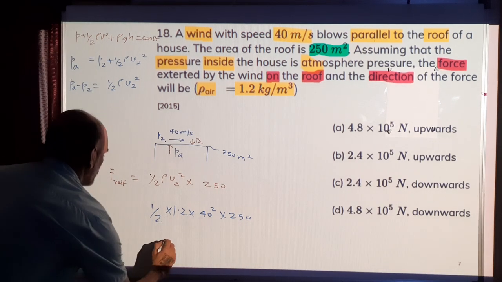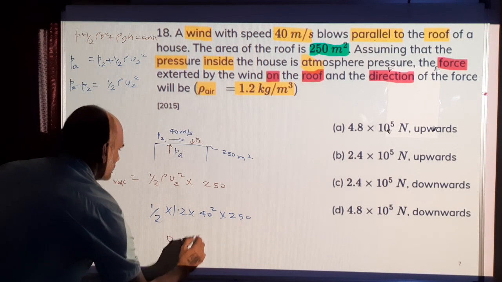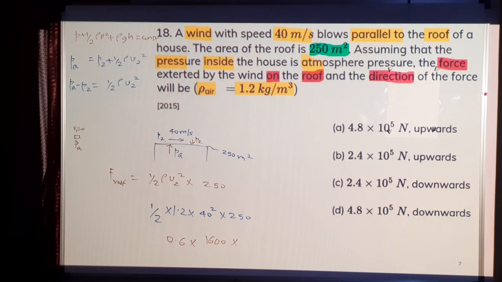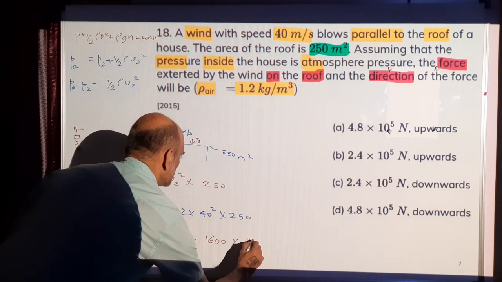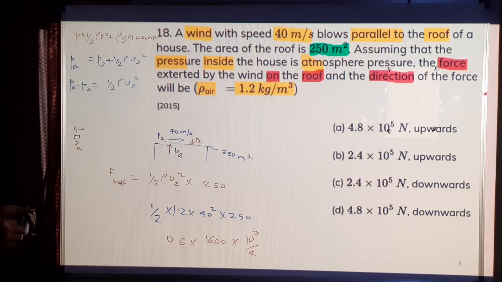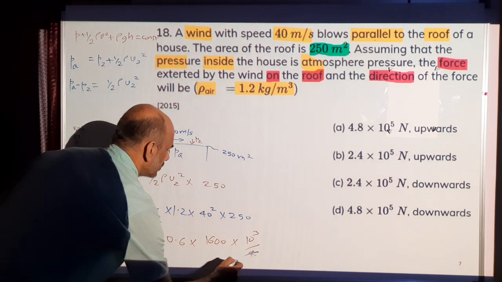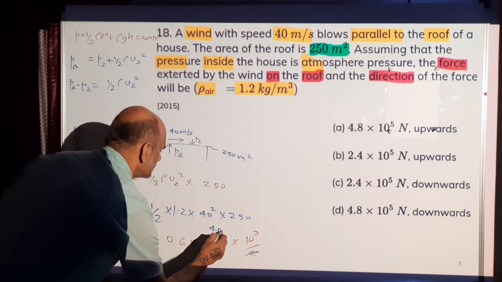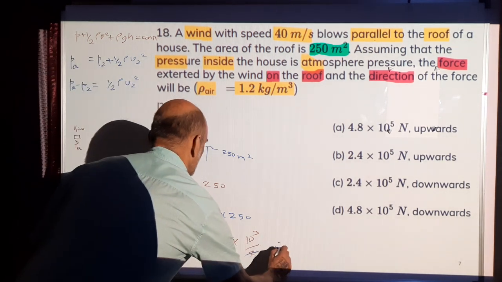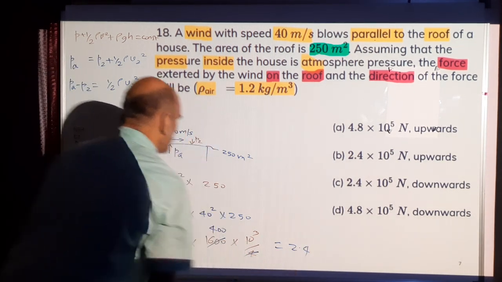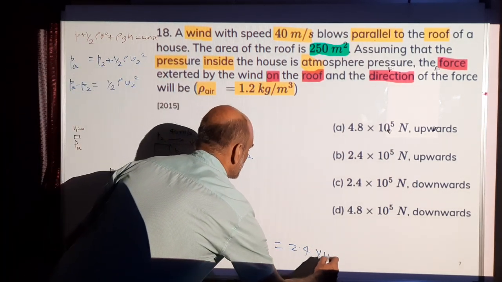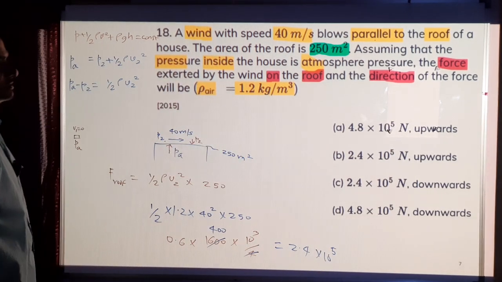So this is 0.6 into 40 square, which is 1600, and 250 can be written as 1000 by 4. 4 goes into 1600 four hundred times. And 4 into 0.6 is 2.4. So this becomes 2.4 into 100 into 10 cube, in SI units.